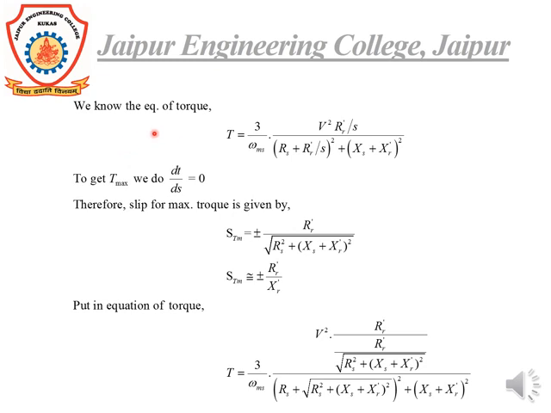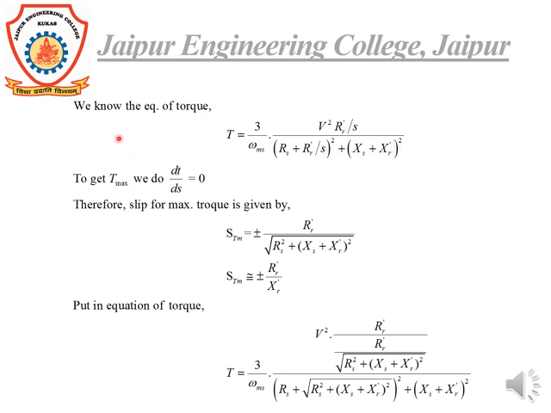Now we know the equation of torque is given by T equals 3 V square Rr dash divided by s, and in the denominator we will have omega ms into Rs plus Rr dash by s whole square plus Xs plus Xr dash whole square.